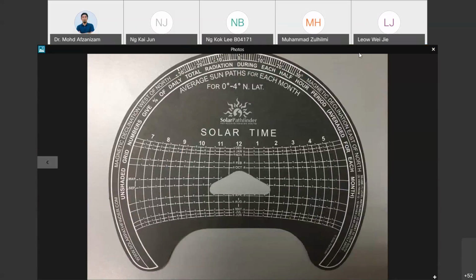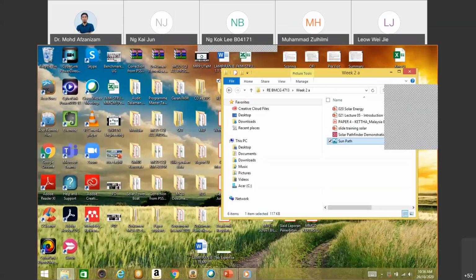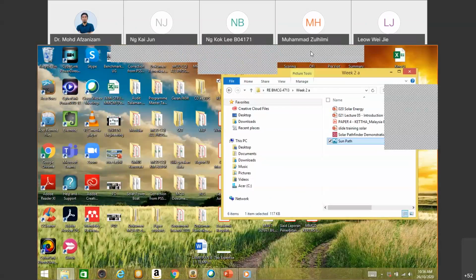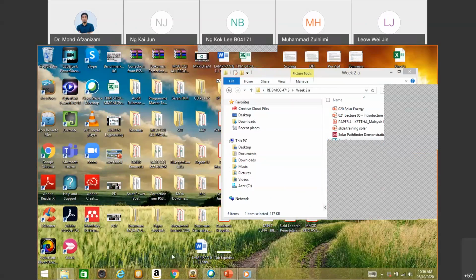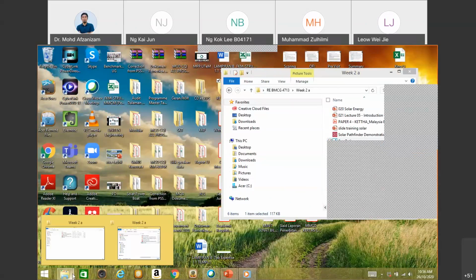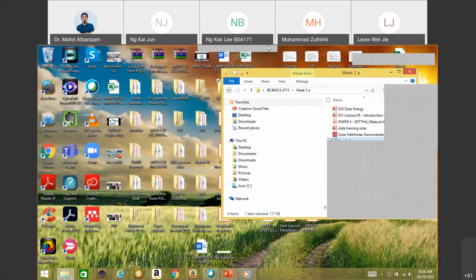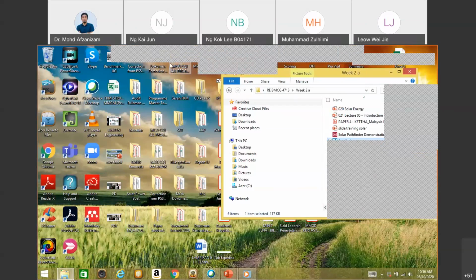Can you guys see the diagram? No? Okay, yes, okay. Because there's not any signage to show the things. Okay.